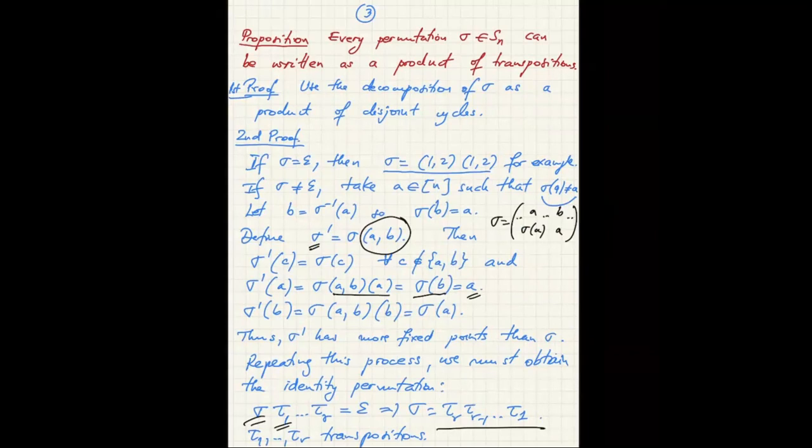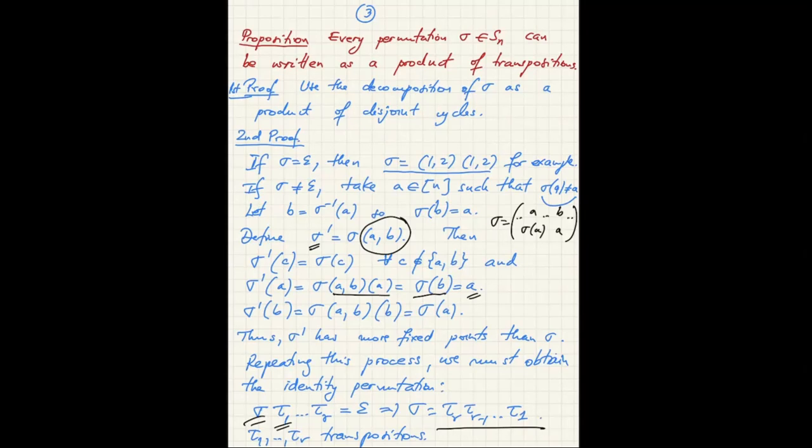Let's just assume n is greater or equal to 2. The first proof of this result can be done using our previous theorem. Basically, you write sigma as a product of disjoint cycles, and then each cycle, as we've seen in the previous lecture, can be written as a product of transpositions, and then we're done. There's no uniqueness in this proposition at this point.